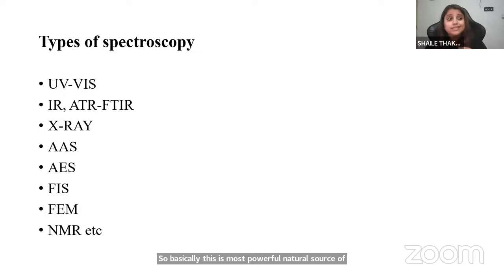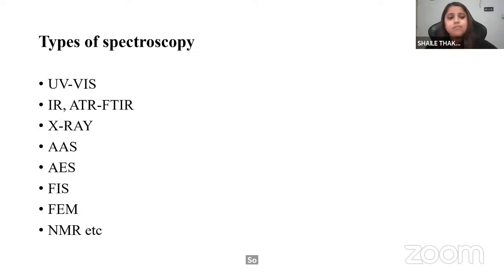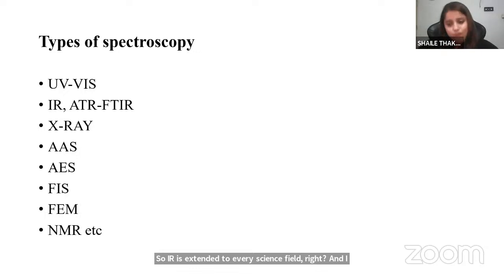So this can help us in different fields, not only in the forensic field, but in biochemistry, biomedical, forensic science, and other fields of science, right? So IR extends to every science field, and IR plays a very important role in forensic science also, right?